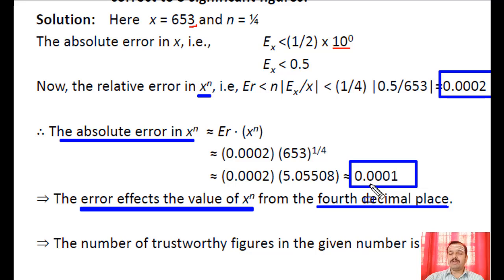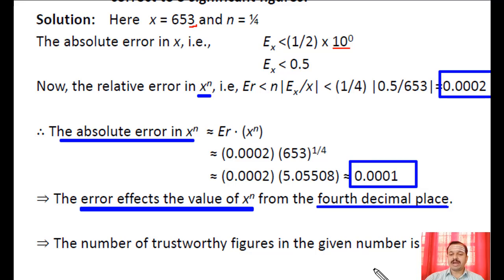Therefore, the total value of x to the power n will be affected only from the 4th decimal place onwards. So the number of trustworthy figures in the given number is 3.